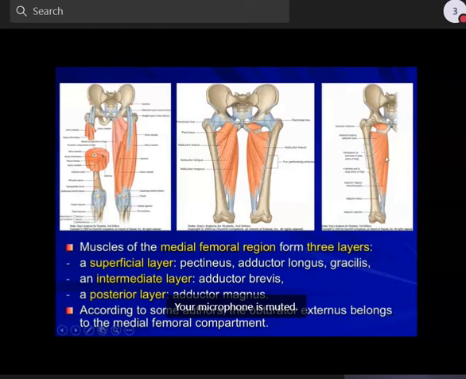The ischiocondylar part of adductor magnus, together with anterior parts of the gluteus medius and minimus, rotate the hip medially, are responsible for intorsion. All remaining adductors are responsible for extorsion.